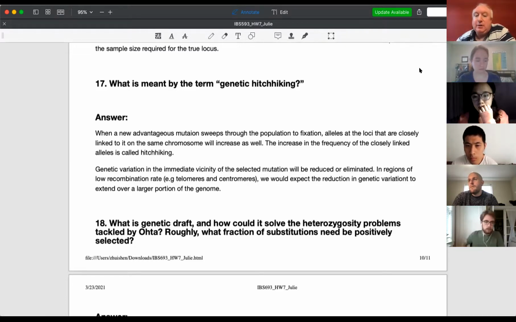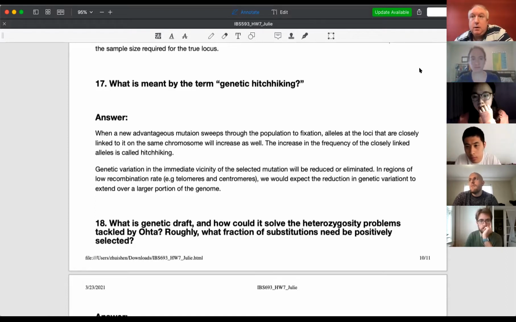In flies, there is not so much recombination in the telomeres or centromeres, and as a result, there's very little variation there. In humans, there's very little recombination in the centromeres, and therefore very little variation. But right near the telomeres, there's often a lot of recombination, so there's a less profound reduction of variation at the tips of human chromosomes.